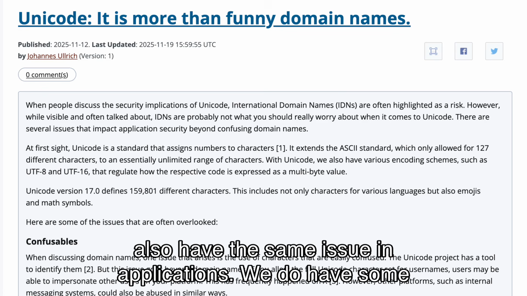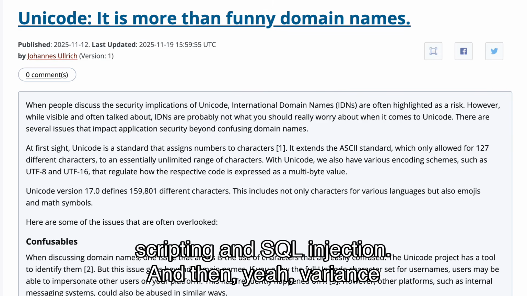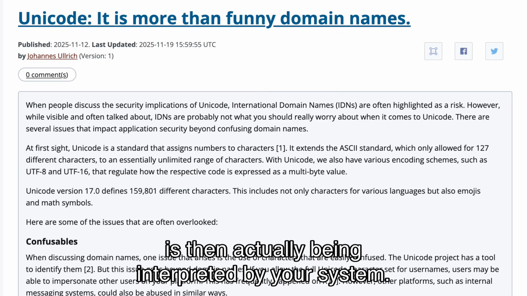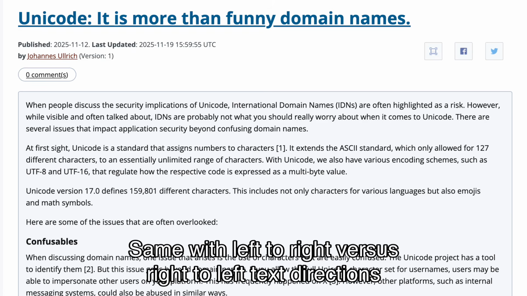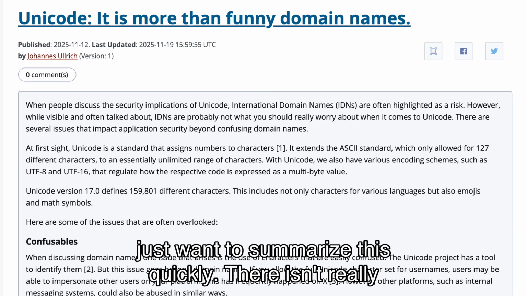We do have some character conversions that can cause issues like cross-site scripting and SQL injection. And then, variation selectors that may appear to display a different text than is actually being interpreted by your system. Same with left-to-right versus right-to-left text directions that can also cause issues with visual code reviews. So just want to summarize this quickly.